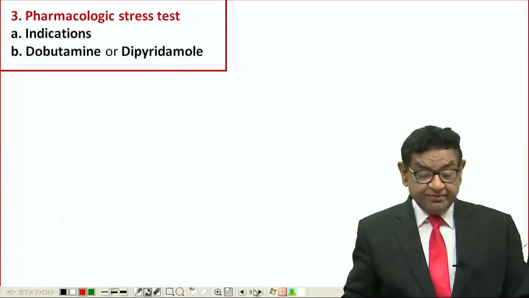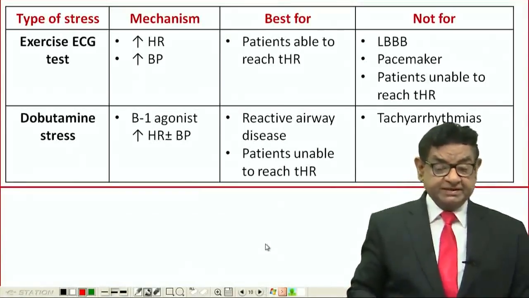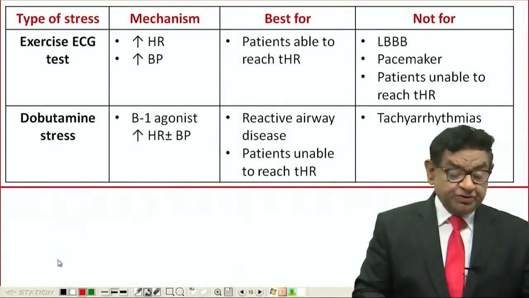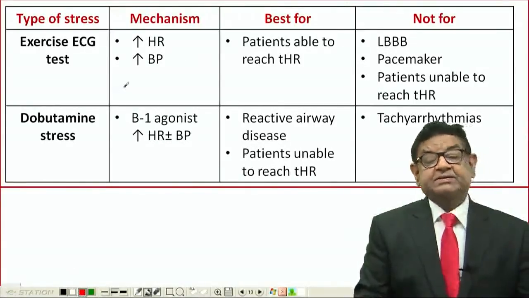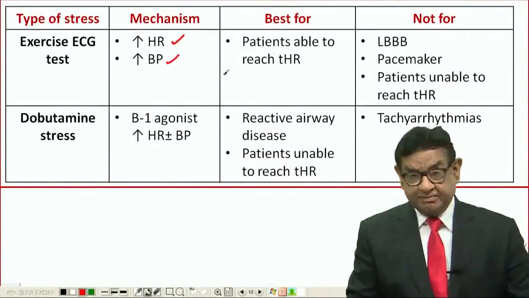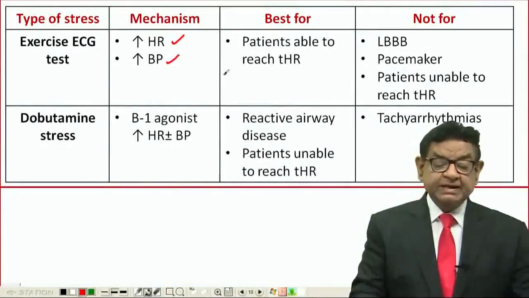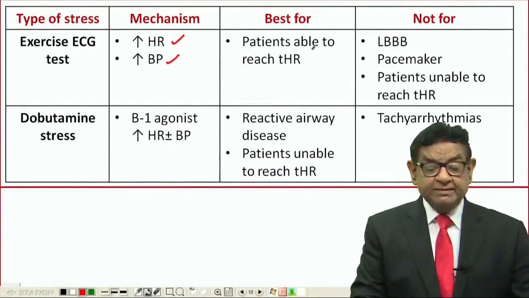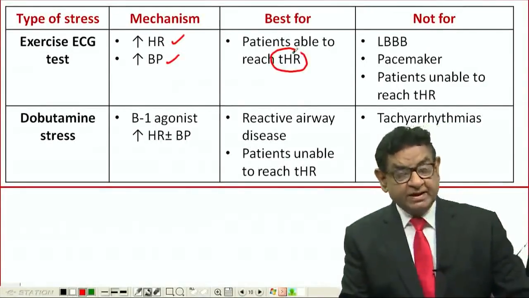Okay, so now we have different sets of tests. First of all is the routine test: exercise ECG, the TMT machine I told you about. It will increase heart rate, and it increases blood pressure also. This we do for those who are able to achieve target heart rate. THR stands for target heart rate.